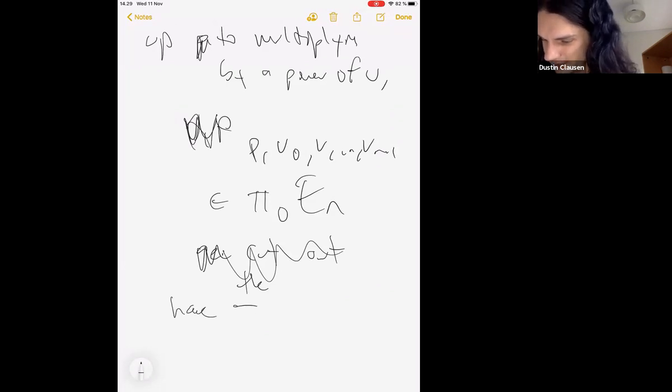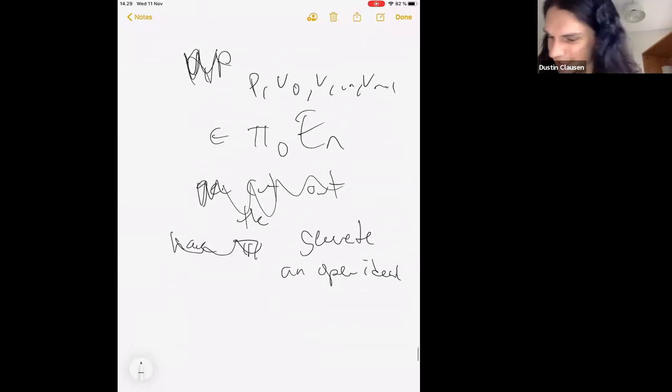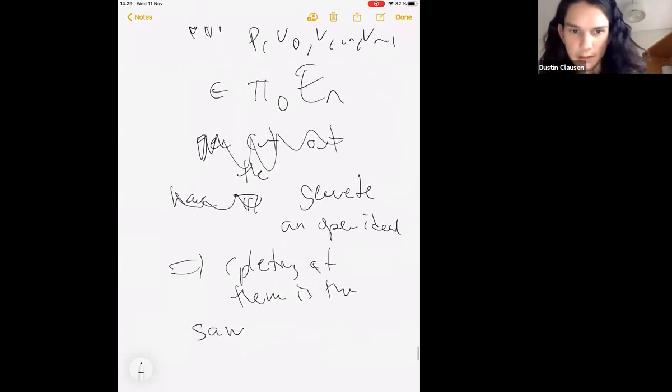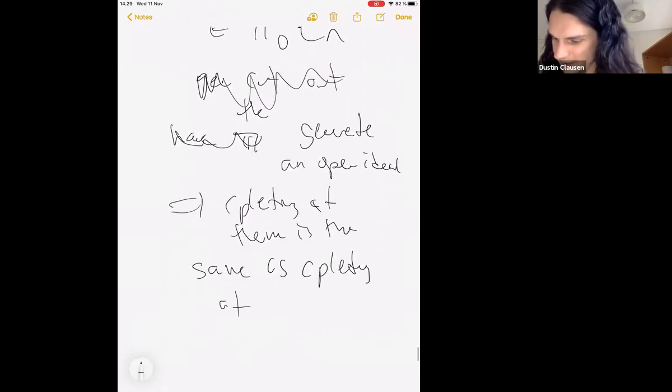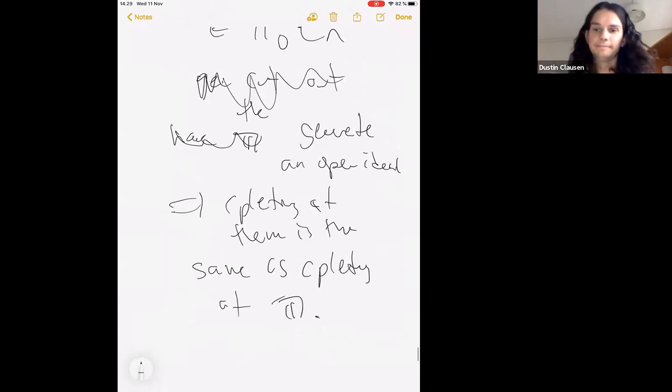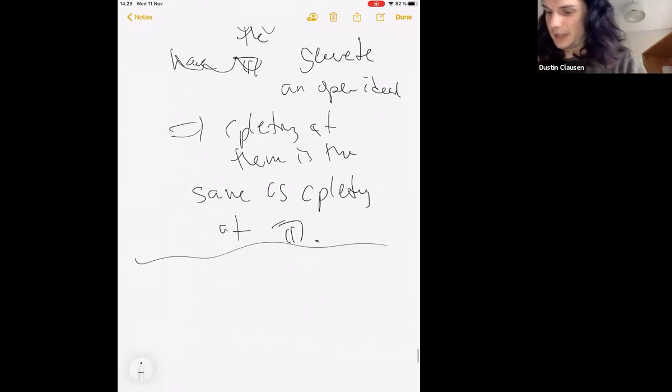They generate an open ideal. Yeah, they generate an open ideal. Okay, thanks. So completing at them is the same as completing at the maximal ideal. Okay, so that's option 1.